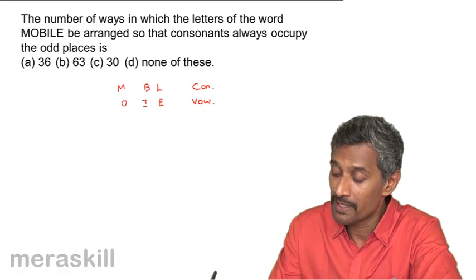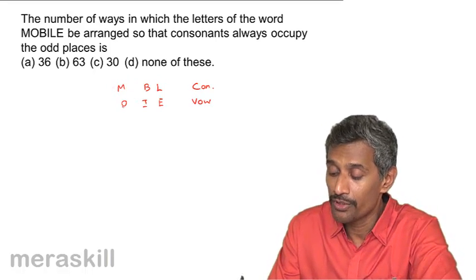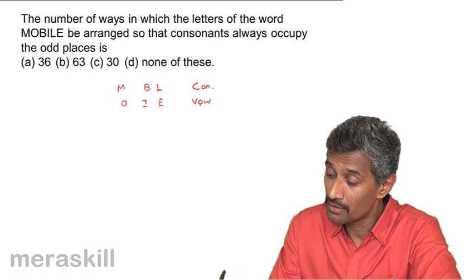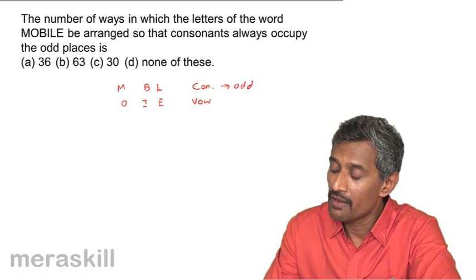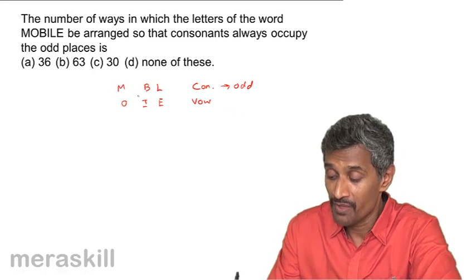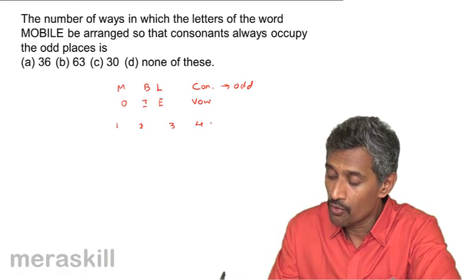So there are 6 places. The consonants are going to occupy the odd places, so obviously the vowels will occupy the even places, that is 2, 4 and 6. So there are 3, so it's going to be 1, 2, 3, 4, 5, 6.